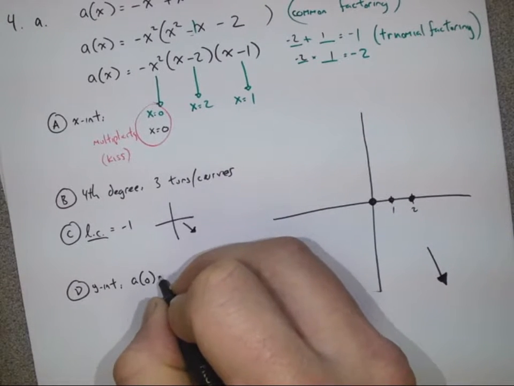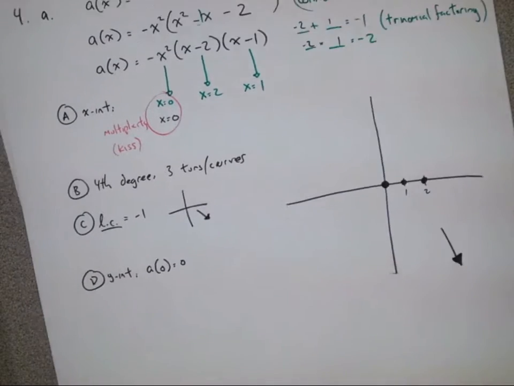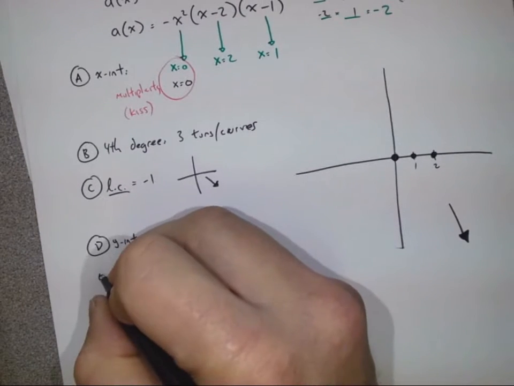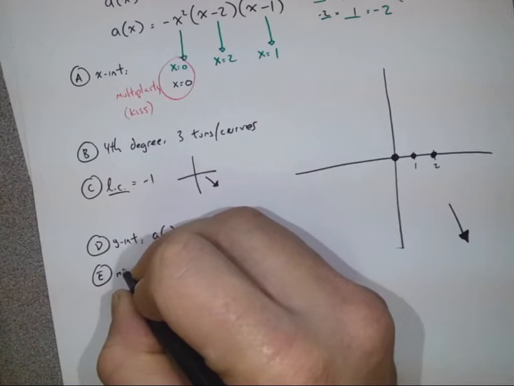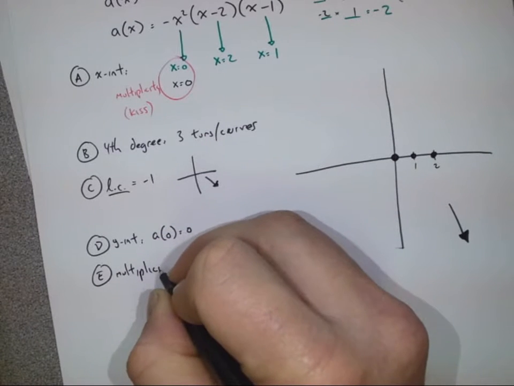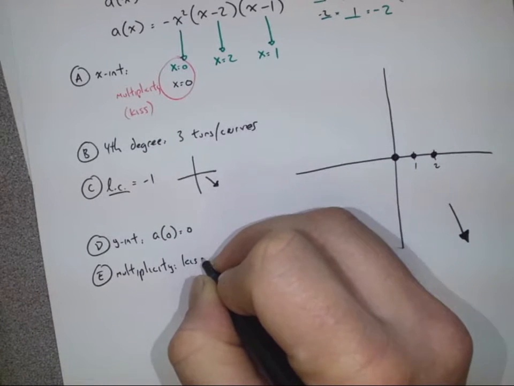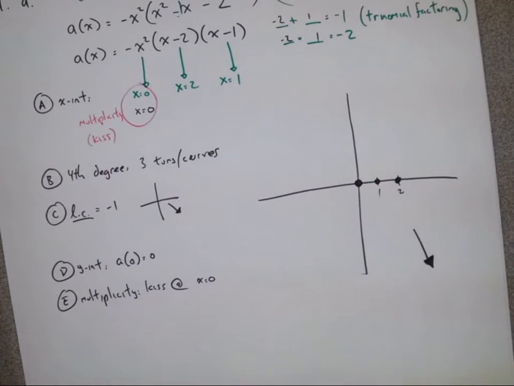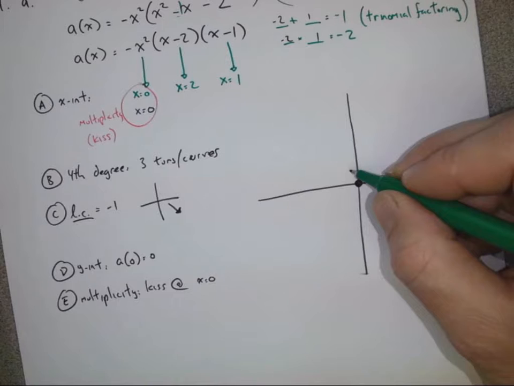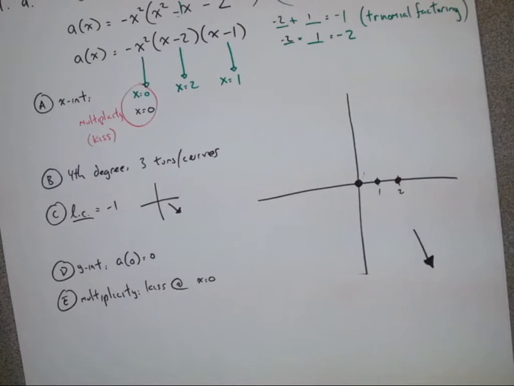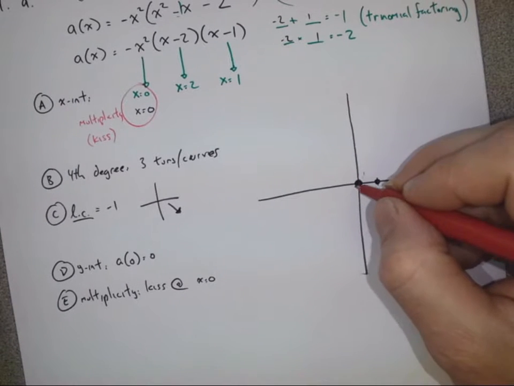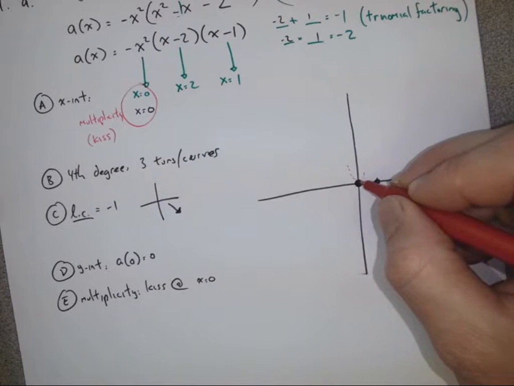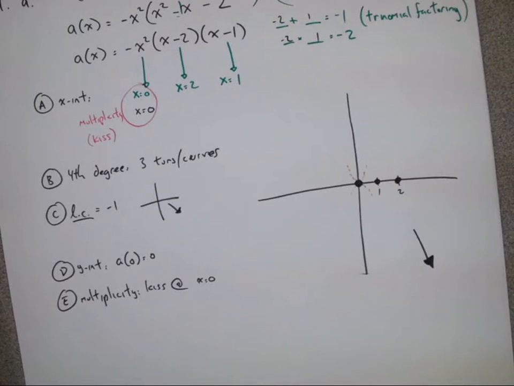All right, our y-intercept we've already graphed, is 0. a of 0 equals 0. Okay, there is a kiss. So the multiplicity states there is a kiss at x equals 0. But maybe we're not quite sure if that kiss goes up like this or if it goes down like this. We're not quite sure at this stage, and we don't have to.